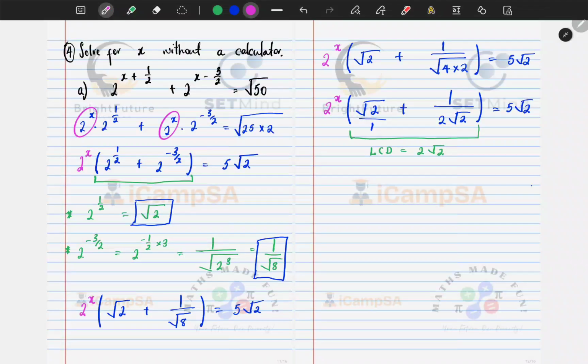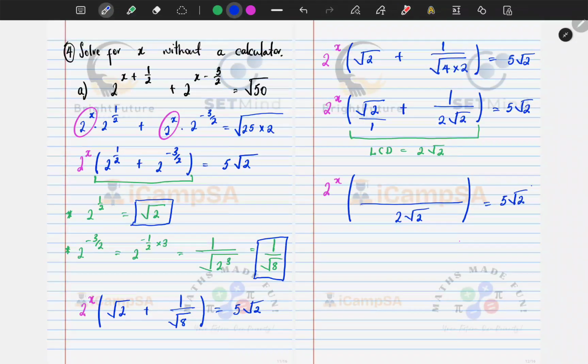It's grade 9 mathematics, I think. So now I'm going to have 2 to the power of x, open bracket, and then I still have my 2 root 2. I close my bracket, which is going to be your 5 root 2.